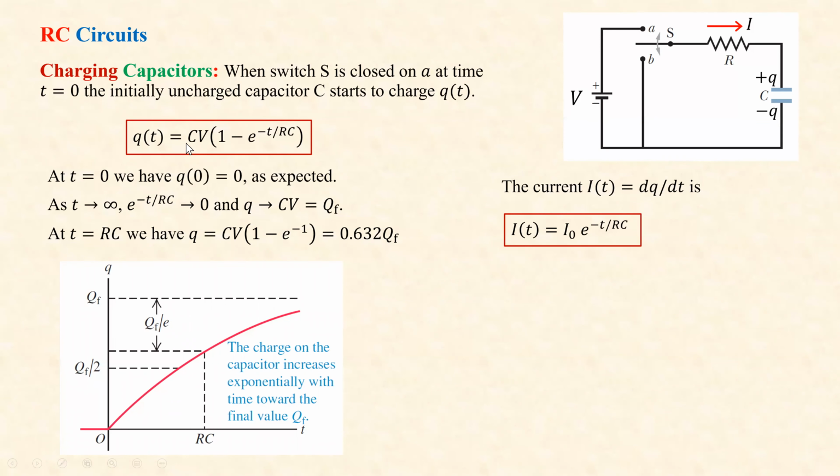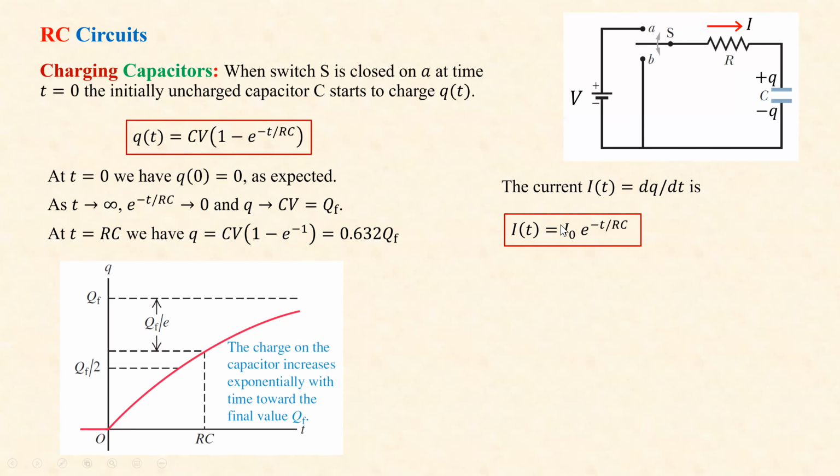If you take the derivative with respect to T, it becomes itself times the derivative of the exponent with respect to T, which is negative 1 over RC. So negatives cancel out, and CV over RC becomes V over R.